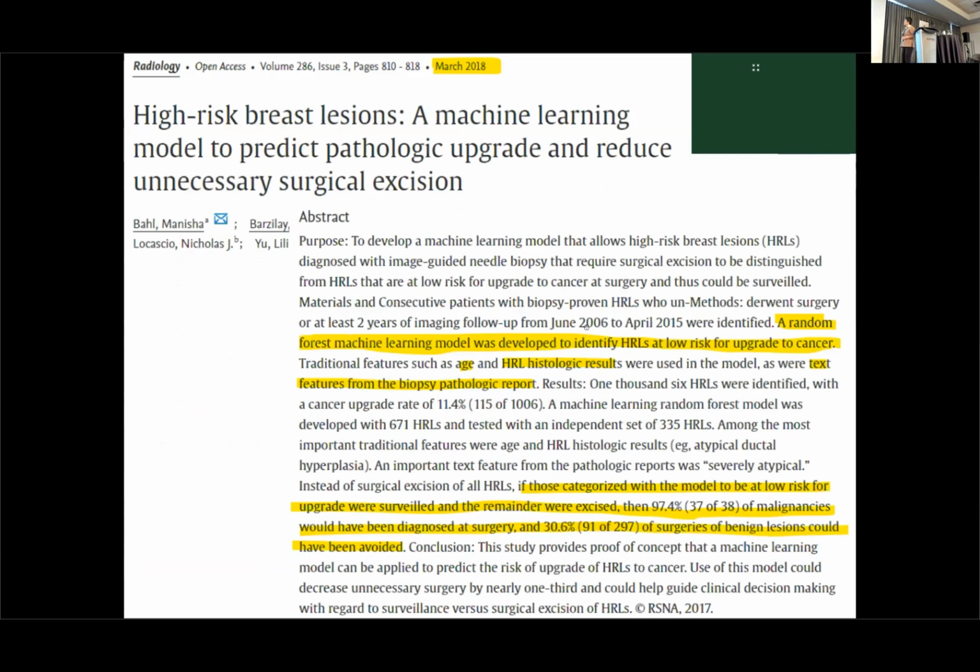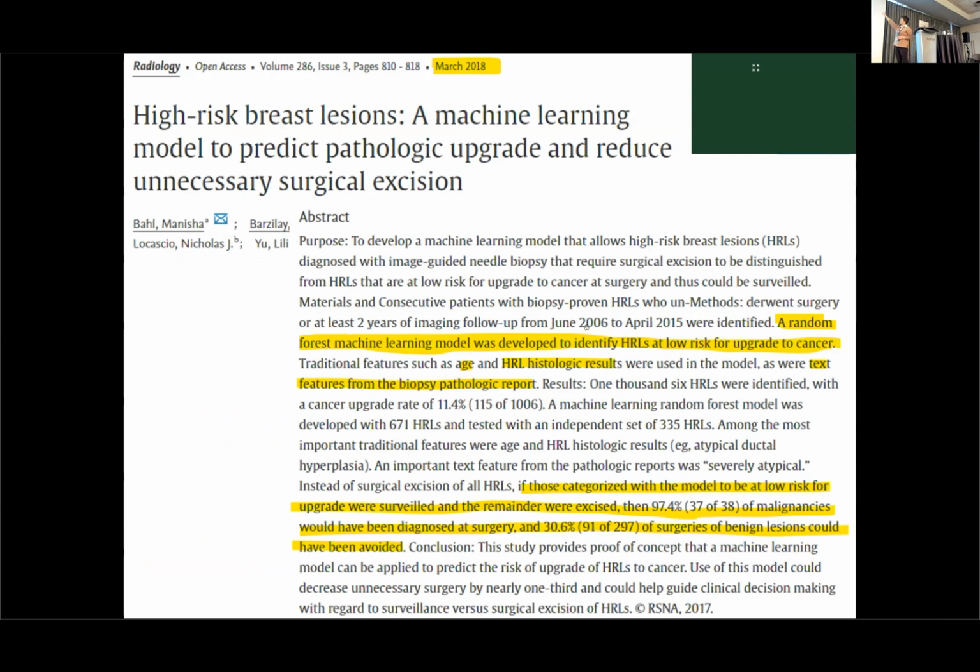And this paper I put is again a 2018 paper. So basically they used machine learning models to predict pathological upgrade and reduce unnecessary surgical excisions in breast lesions.